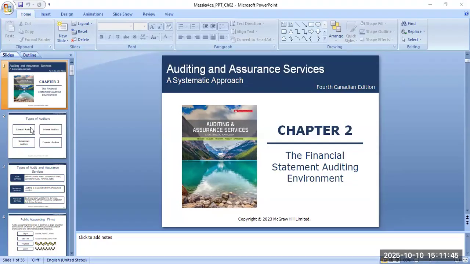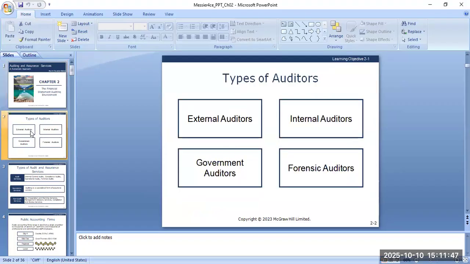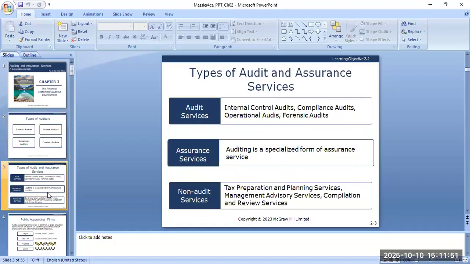In chapter 2, what we started was the types of auditors that we have. First thing, the types of services the auditor provides. They can provide audit services, assurance services, and their own non-audit services. All those are provided to the clients.